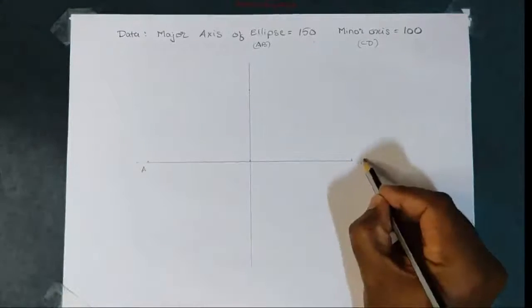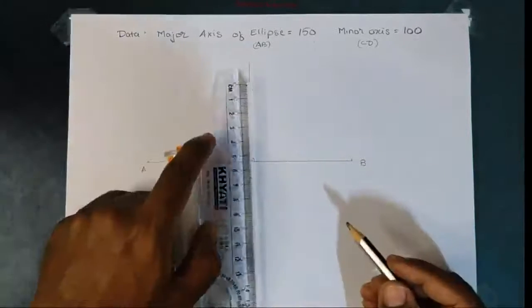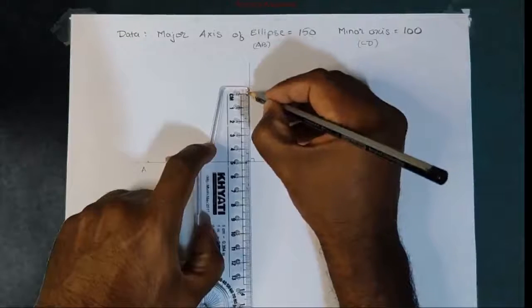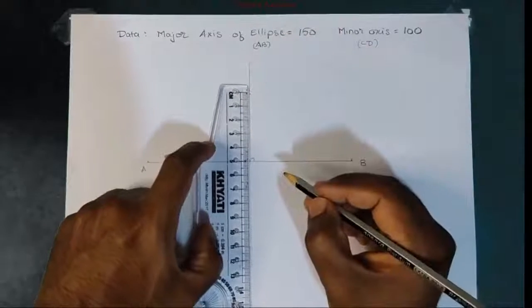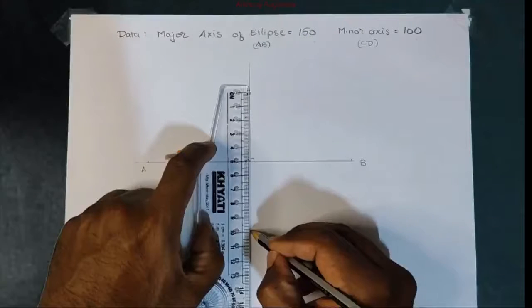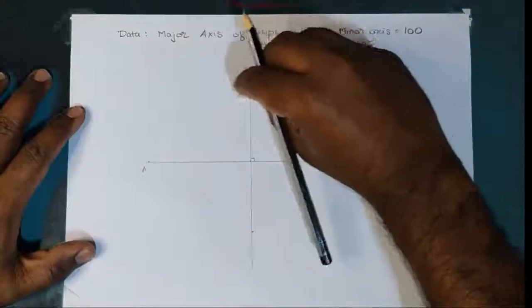I name the major axis AB and put the perpendicularity mark. Take half the distance above the major axis, that is 50 mm, and 50 mm below. So the total minor axis length becomes 100 mm.